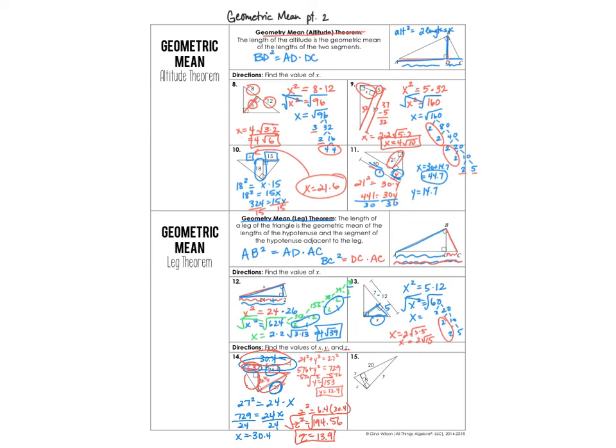All right, I can find y very easily by the Pythagorean theorem because this makes a right triangle. And so this is going to be my c because it's my hypotenuse. So I'll make that a and b. So 20 squared plus 8 squared equals y squared. 20 squared is 400. 8 squared is 64.